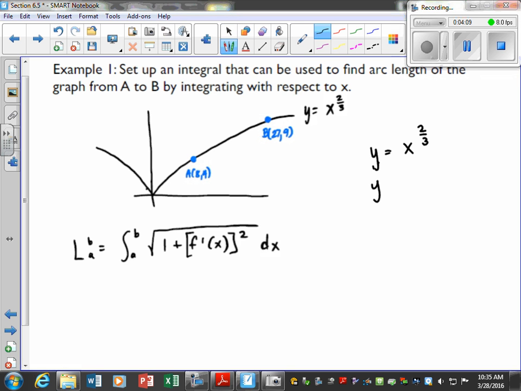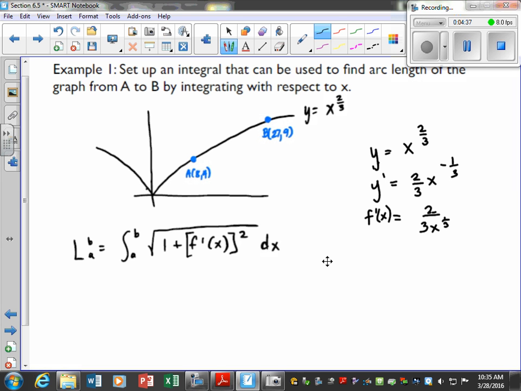Our y prime is going to be the derivative, 2/3 x to the negative 1/3, which can be written as 2/3 over x to the 1/3 power. Either way, y prime is the same thing as f prime of x.